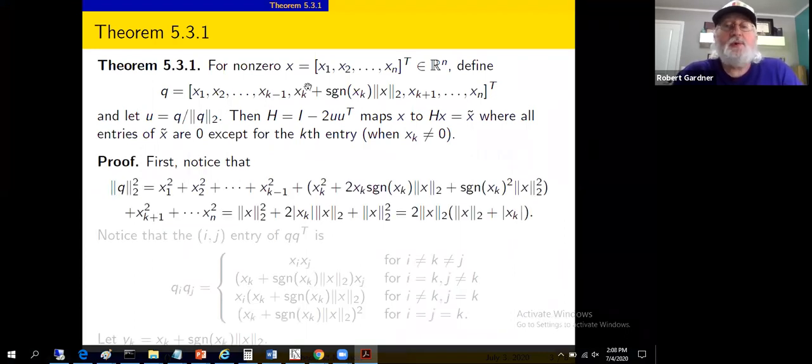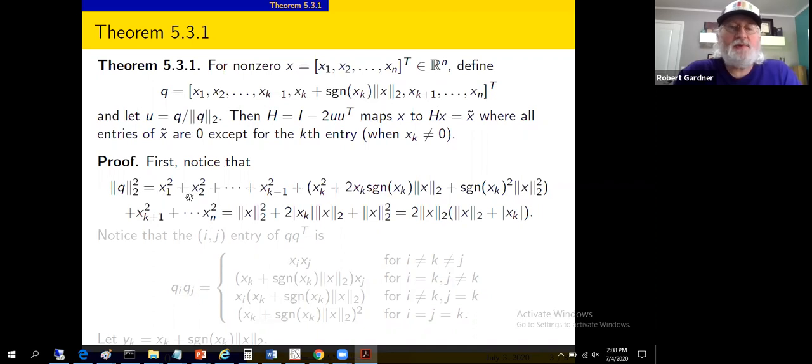So we're taking vector q as given here. Let's find the norm of vector q squared. Well, we just square up all the components. Nice smooth sailing until we hit the kth component and we get that thing squared, and then smooth sailing until the end. So square all the components. This is what you get for the norm squared of q under the Euclidean norm, the L2 norm.